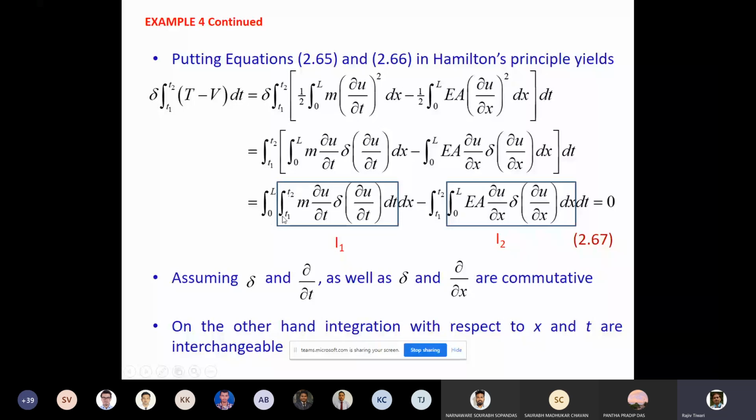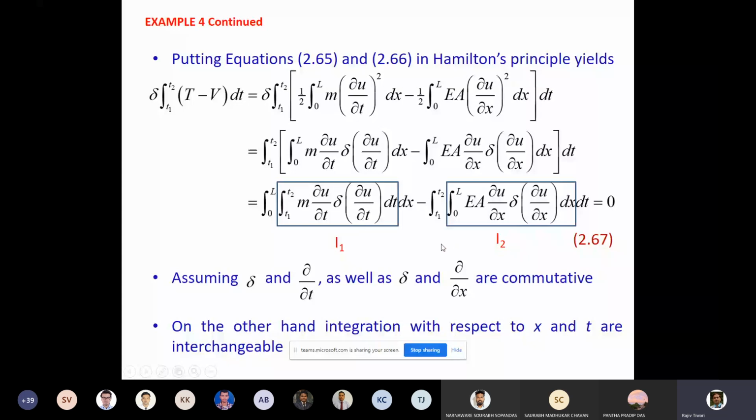Now I have defined within the box the integration as I1, and the other integration as I2. So I1 is basically integration with respect to time, and I2 is with respect to x. I will be integrating them separately because otherwise it will be too complex to show on a PPT. Then I will substitute back I1 and I2 in this expression.